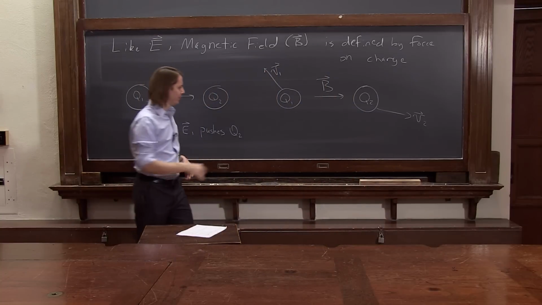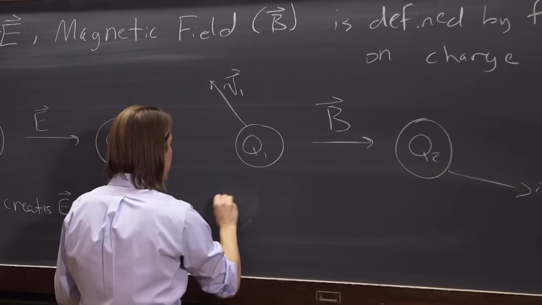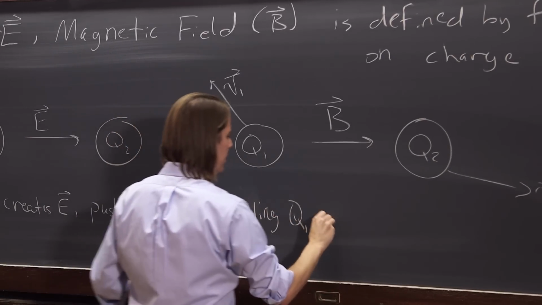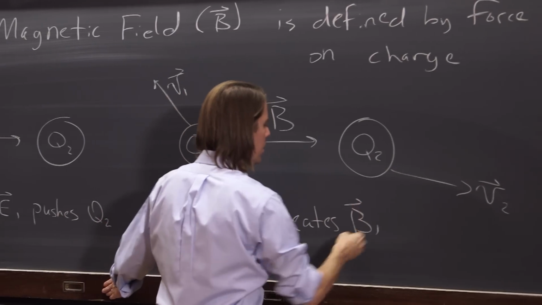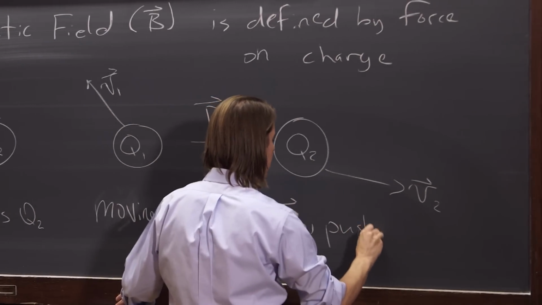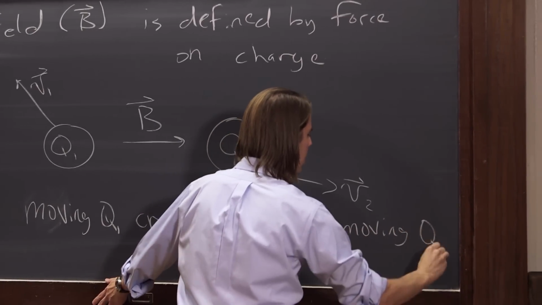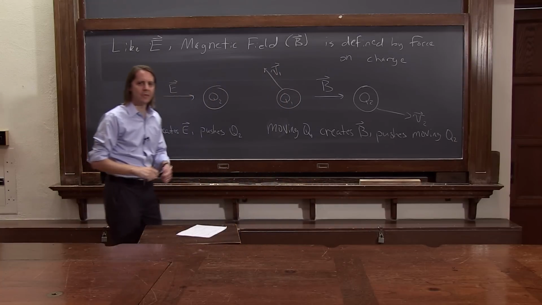Things have to be moving. So a moving Q1 creates B, and it pushes a moving Q2. The charges have to move.